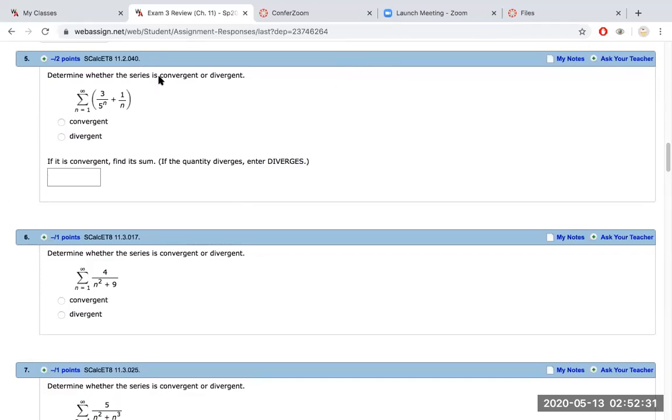Let's establish that this is going to be our S. Before we start trying to figure out what a sub n is, remember that you can split the summation. If there's a sum between, you can split the summation.